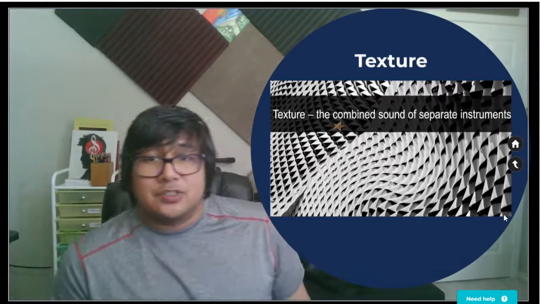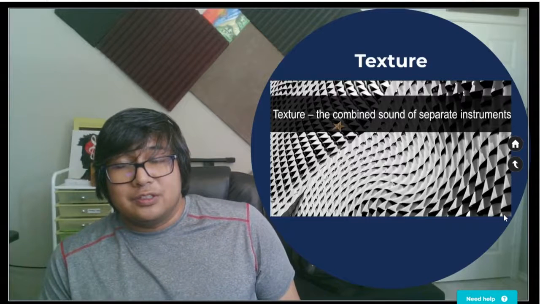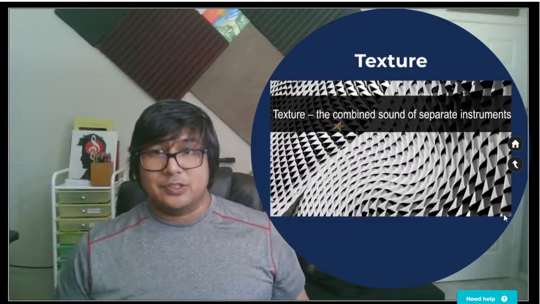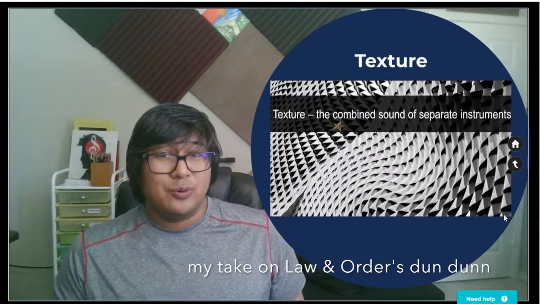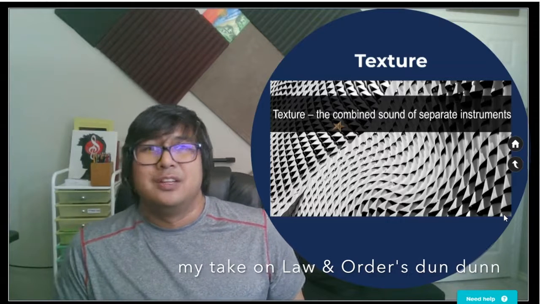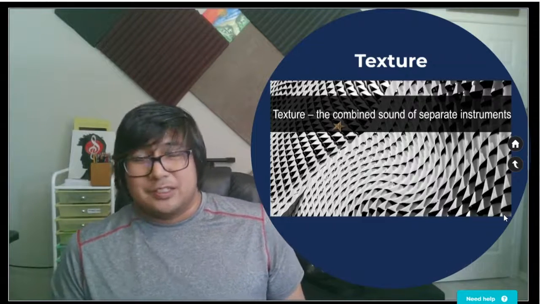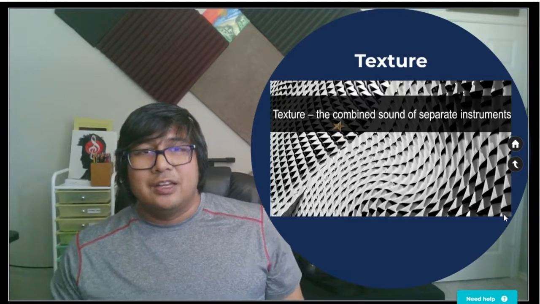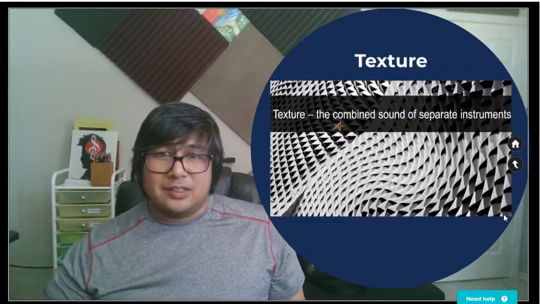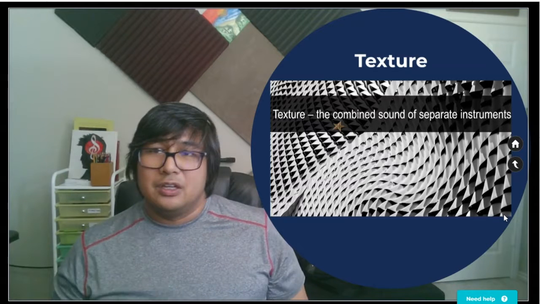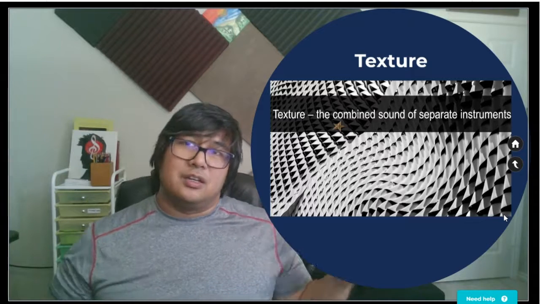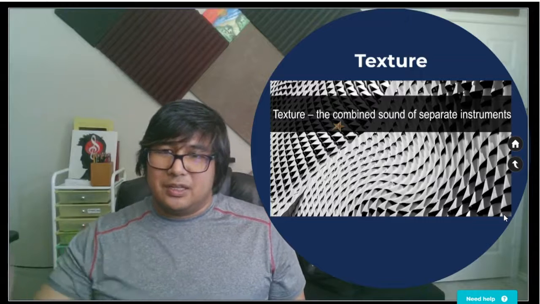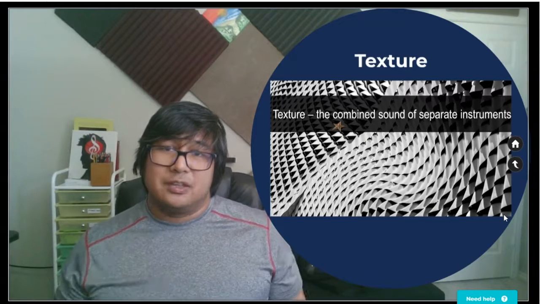Another example of texture would be in Hollywood. You create sound effects by putting a bunch of different timbres together. If you've ever watched Law & Order SVU, maybe you shouldn't be watching SVU, but if you've seen it, you hear this dum-dum sound before each scene, and that has like 12 different sounds, including monks chanting, maybe a jail door closing, somebody hitting something, a whole bunch of things put together.